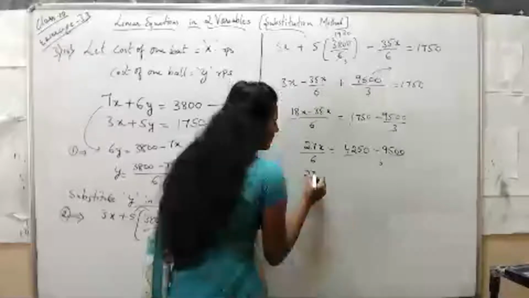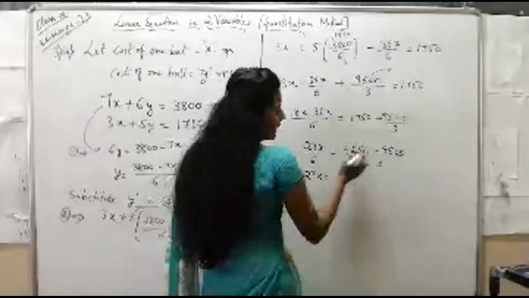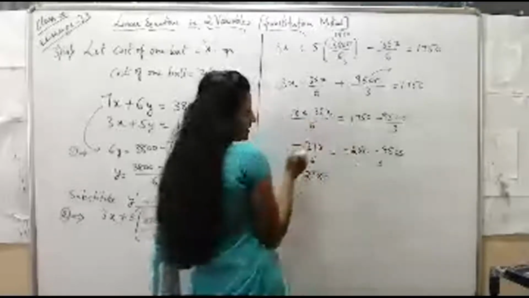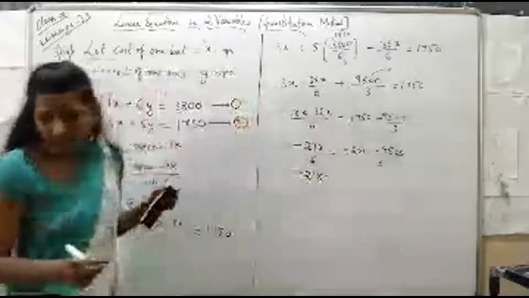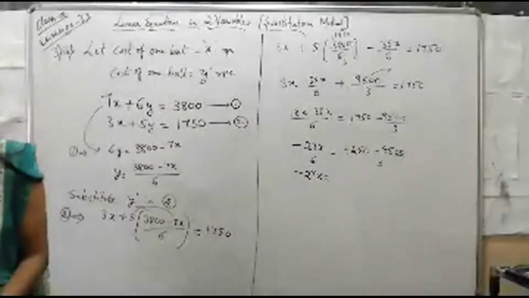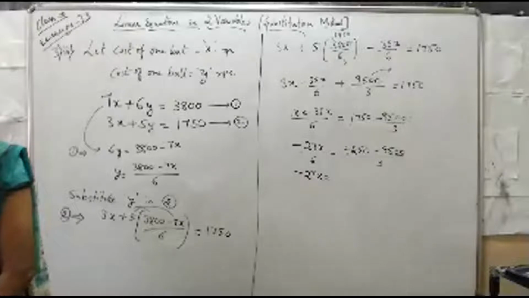Like this, 27x is equal to 1500, minus, here a negative symbol, because the highest number symbol is negative. Now subtract 9500, minus 5. This is 5, not 4.